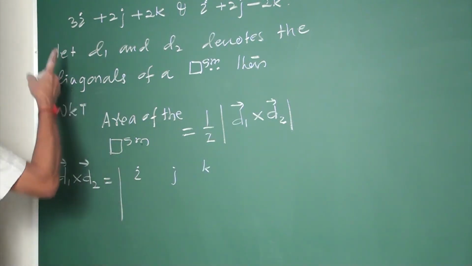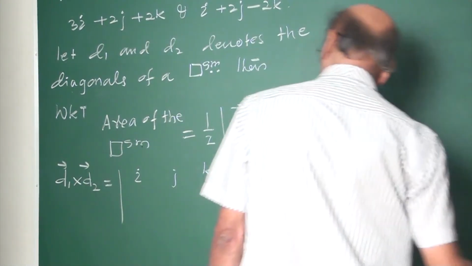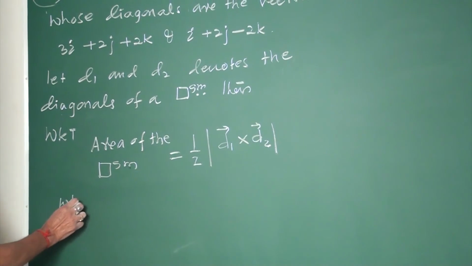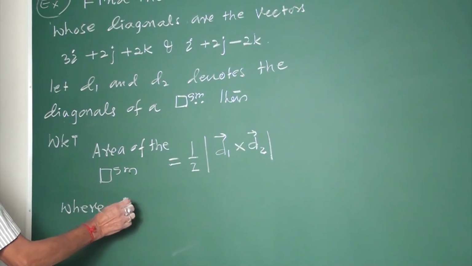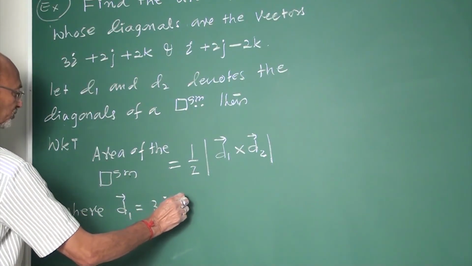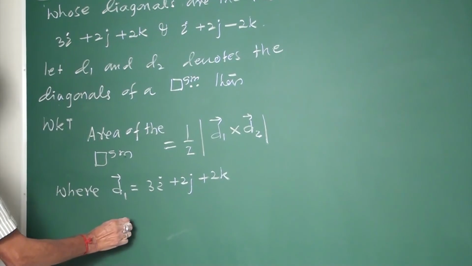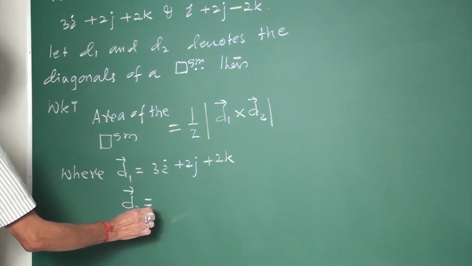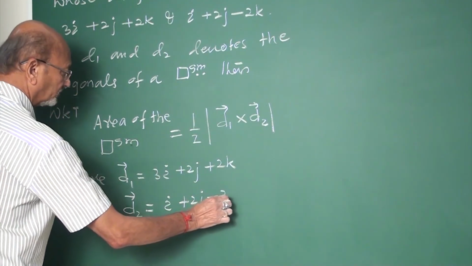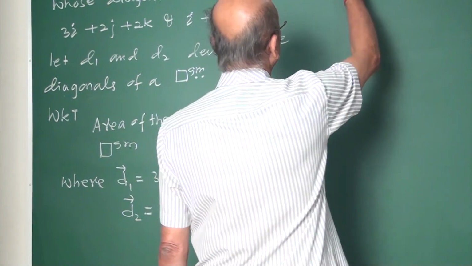If you want, I write first d1, d2, where the first diagonal is this one, 3i plus 2j plus 2k, and d2 is i plus 2j minus 2k. These are d1, d2.